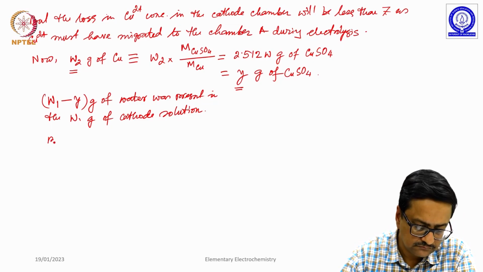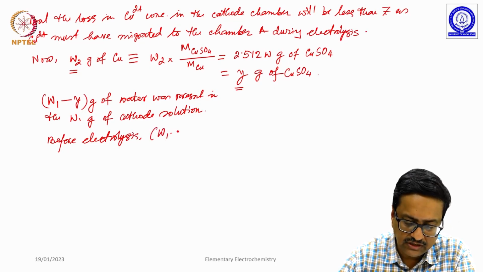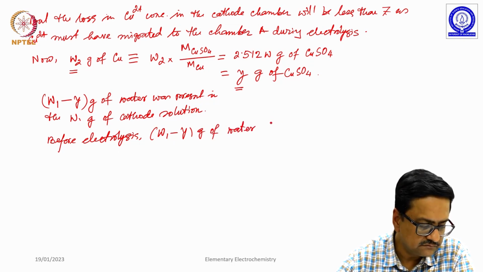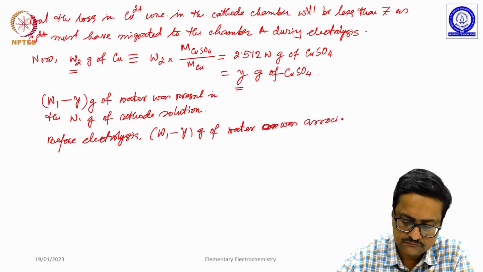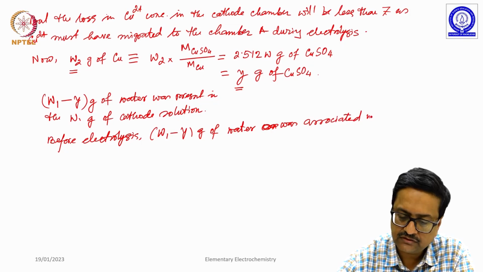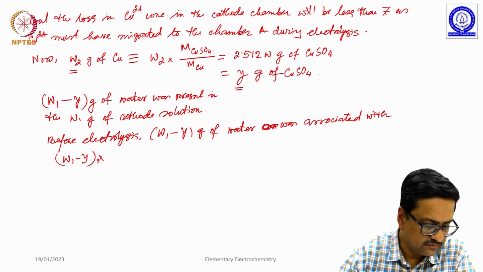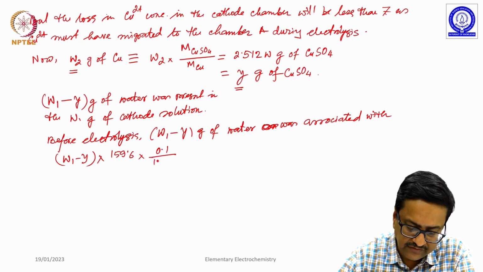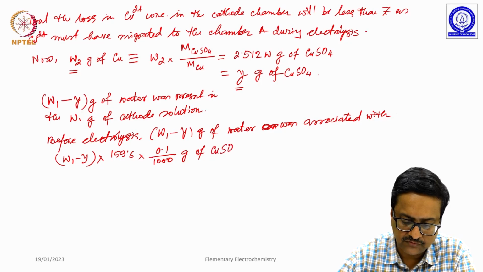Now, before electrolysis, W1 minus Y gram of water was associated with (W1 minus Y) into 159.6 into 0.1 by 1000 gram of CuSO4.